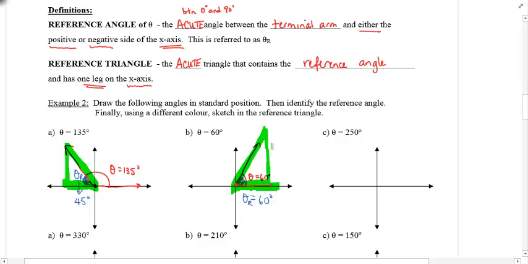Whew. I've shown you two. Guess what? You do the next 4. And by the way, this should be C, D, E, and F. All right, go to it.